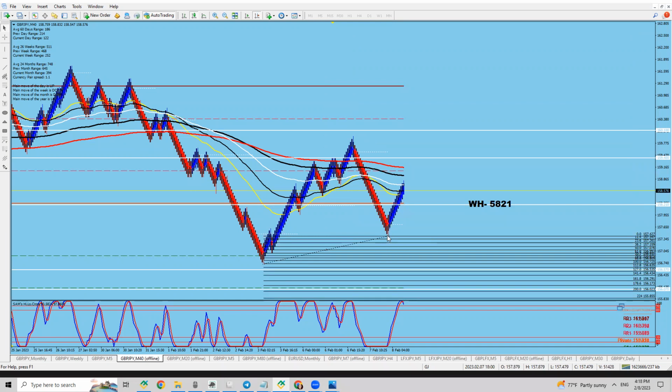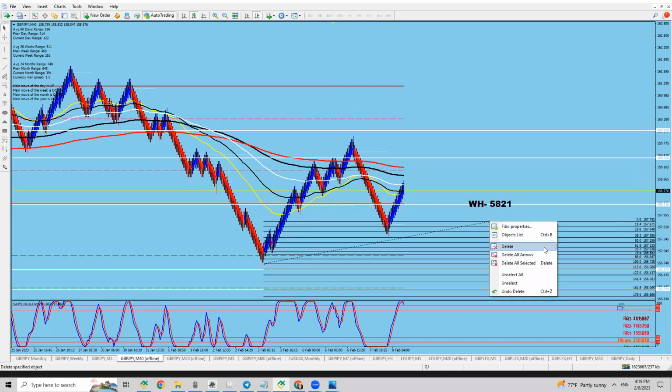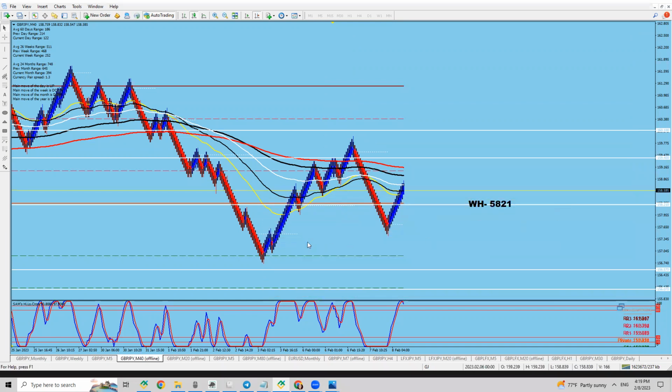Remember, always draw the fib in a forward mode. From this point, never draw the fib this way, always this way. Never go backward, right?